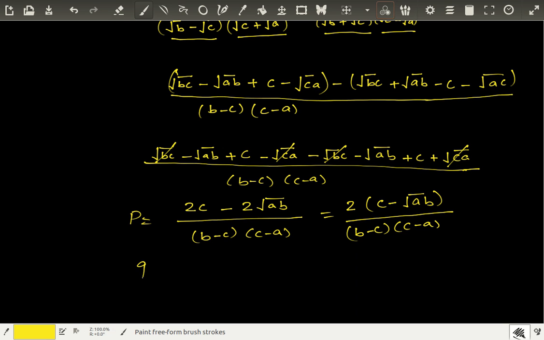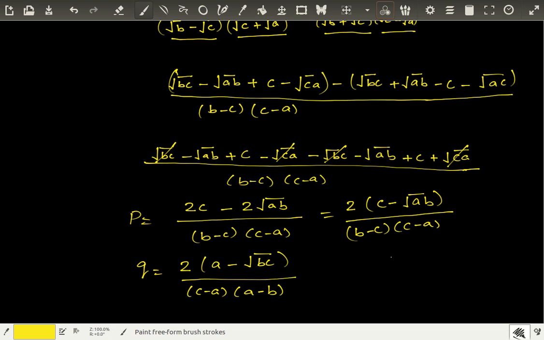what is the value of q going to be? We just have to simply cycle it over. What comes after c? After c will come a. Instead of ab, what is it going to be over here? It is going to be bc over here. In the denominator, instead of b minus c, it is going to be c minus a. And instead of c minus a, it will have a minus b.